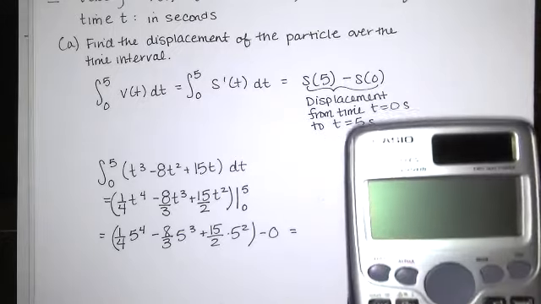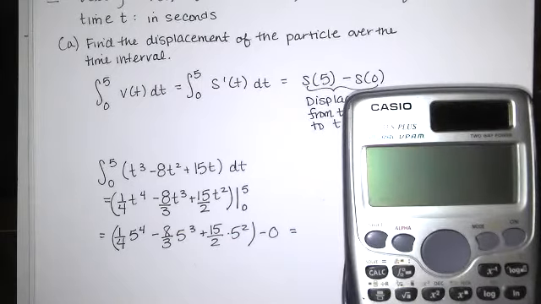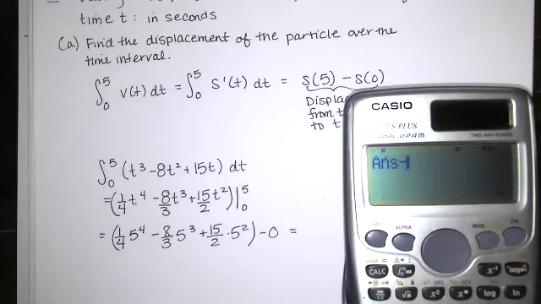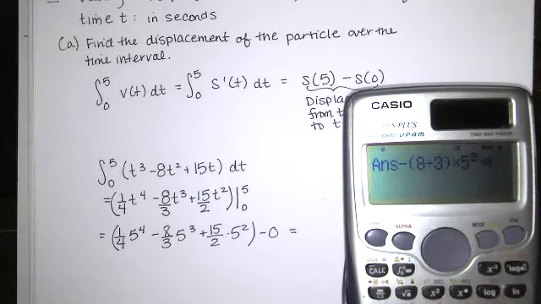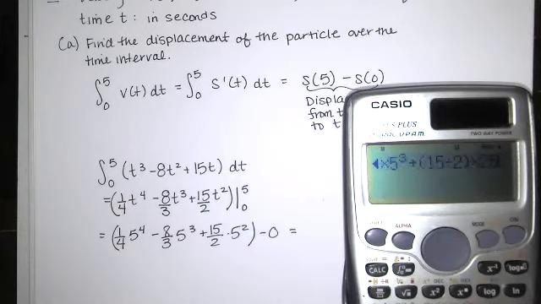So I'll use a calculator for the arithmetic. I've got 5 to the 4th divided by 4 minus, open parentheses, 8 over 3 times 5 cubed, plus, open parentheses, 15 over 2 times 5 squared.